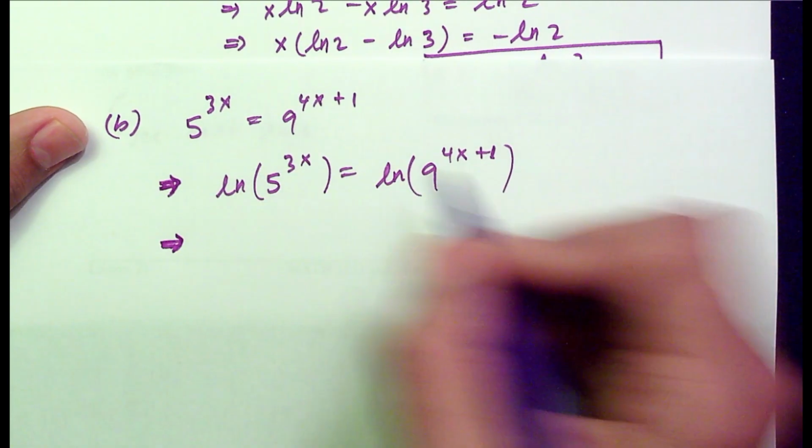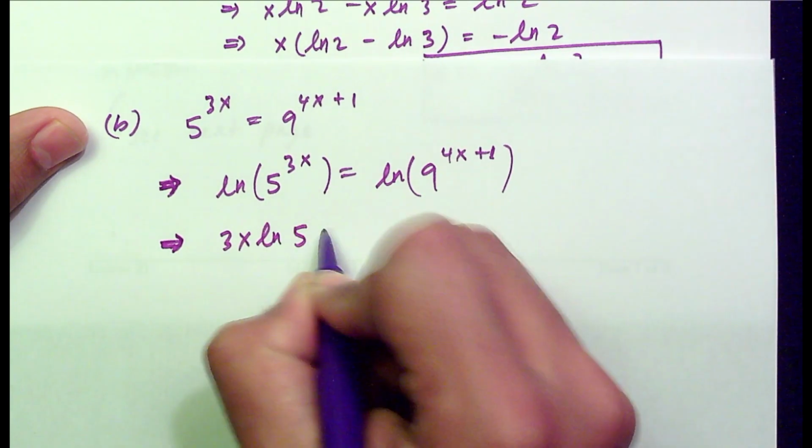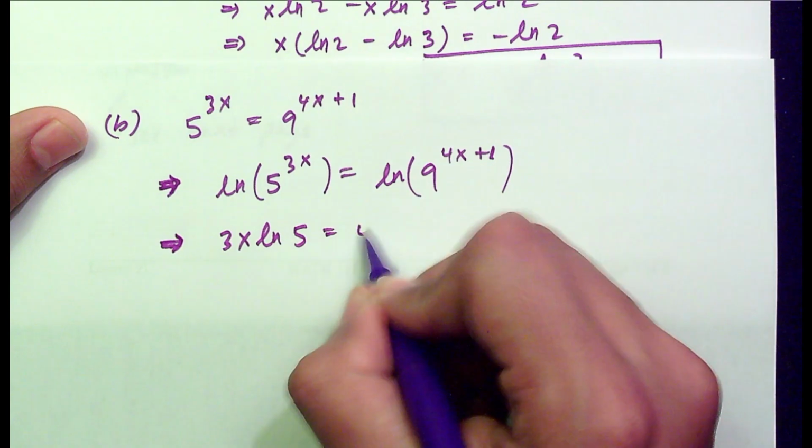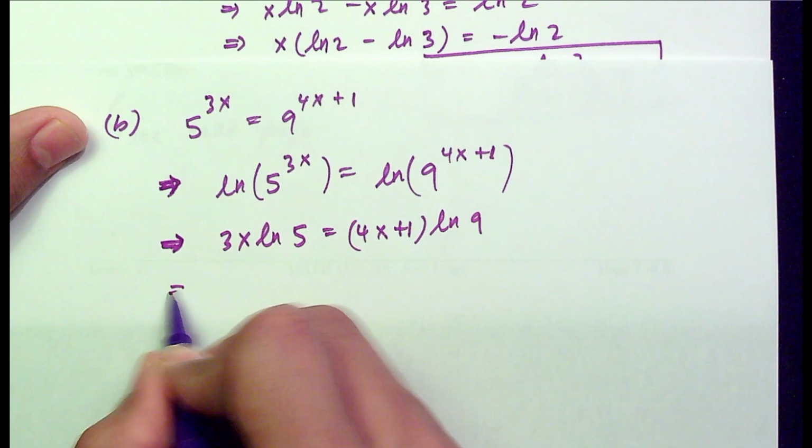Okay, take the exponent, move it to the front, 3x ln of 5 equals 4x plus 1, ln of 9.